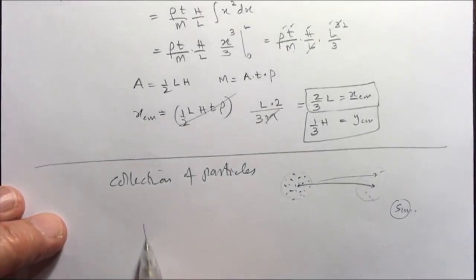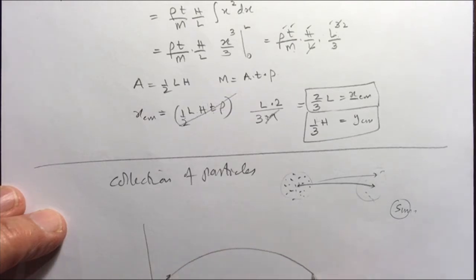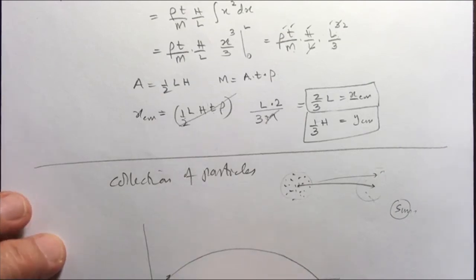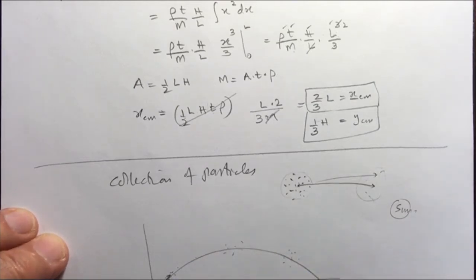Or in other words, if you fire a gun and the bullet goes like this, and now you fire another gun, but this time it has these little shots in it, they will spread out as they go further, but at any point their center of mass will follow that particular curve.